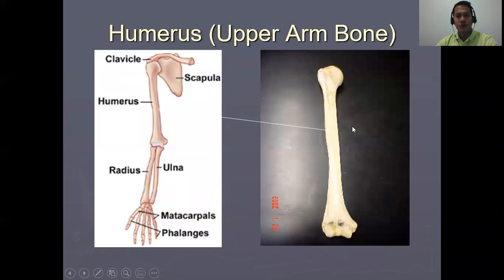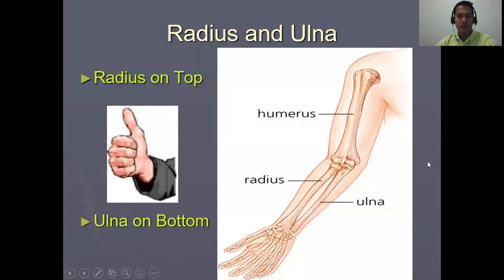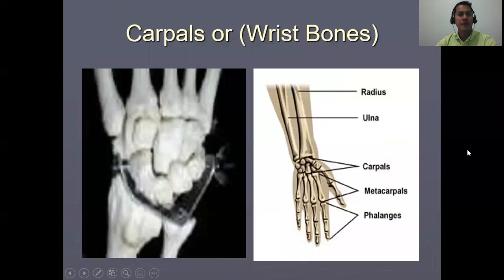Okay, moving on to humerus. This is the picture of humerus from our arm bones. So this here is our humerus. Next is the radius and ulna. So this bone here is the radius, and this one here is the ulna. Okay, moving on to the wrist bones.